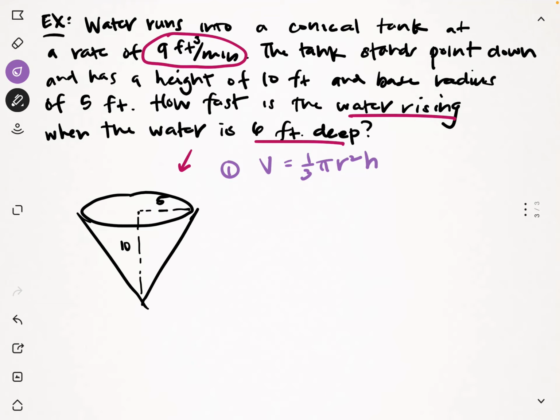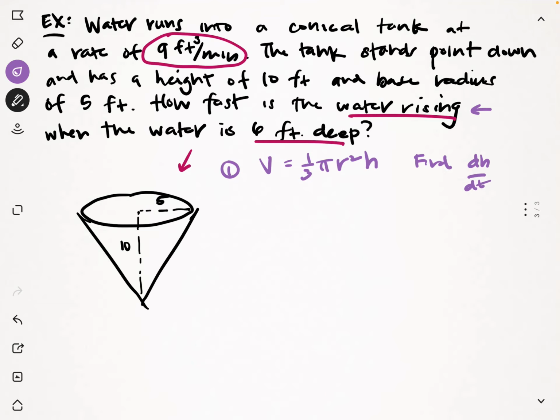The thing is, when we do this derivative we have 3 variables, and it's asking us to find how fast the water is rising. So that's the change in height, that's dH/dt. But it doesn't say anything about the radius here.